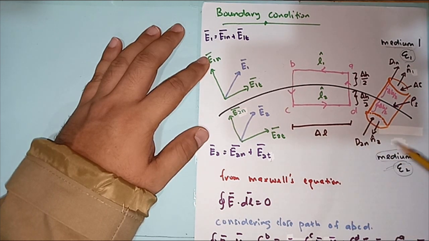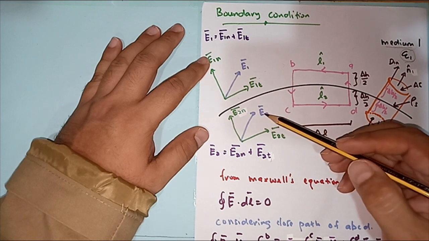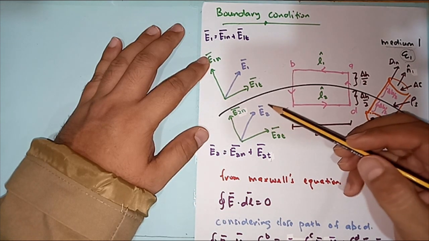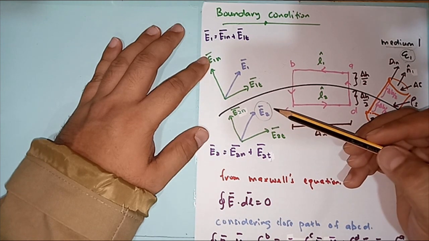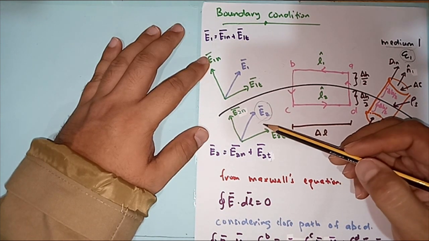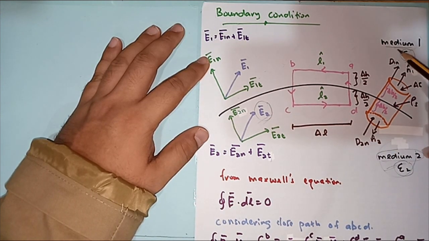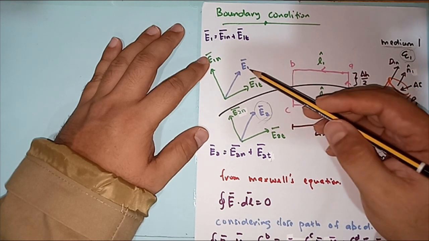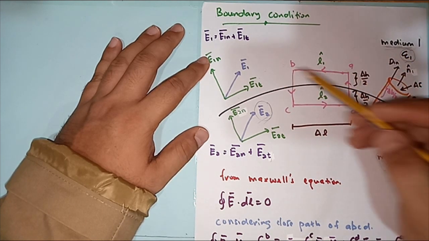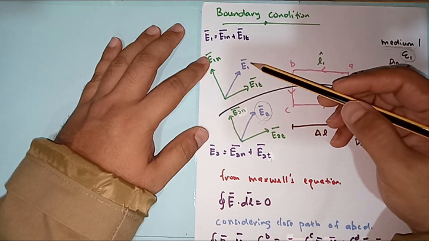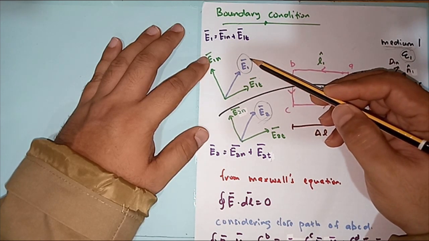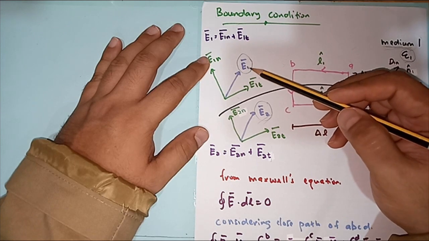Inside medium 2, the electric field intensity is represented by this vector, vector E2. When this vector travels from medium 2 to medium 1, inside medium 1 the electric field intensity is represented by this vector, vector E1.